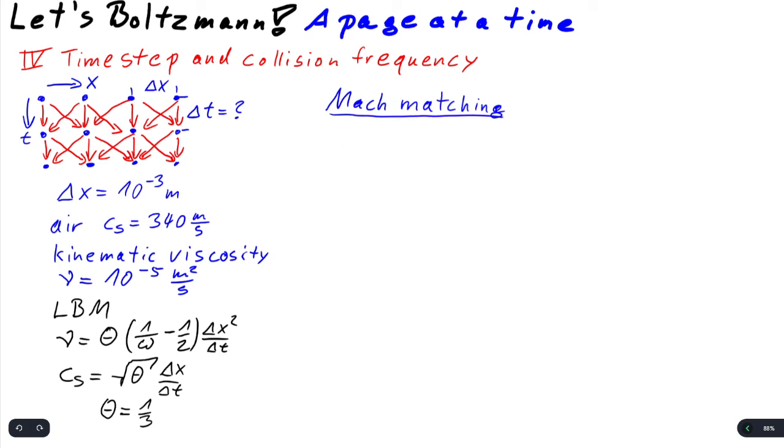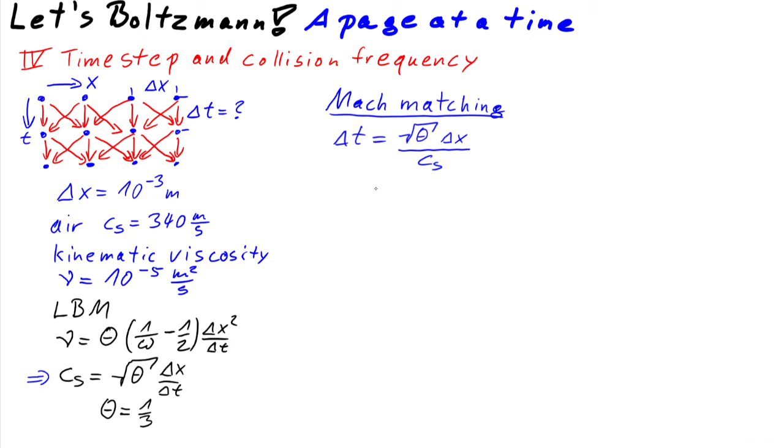Mach matching, that would mean the delta t comes from the speed of sound. So we say that delta t is the square root of theta times the grid spacing divided by cs, which is this equation here, just written in a different form.